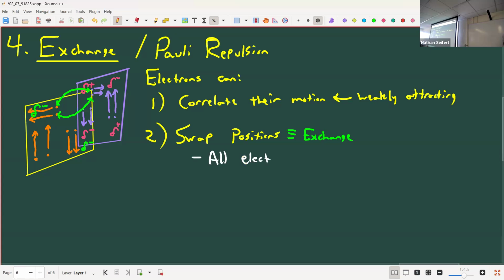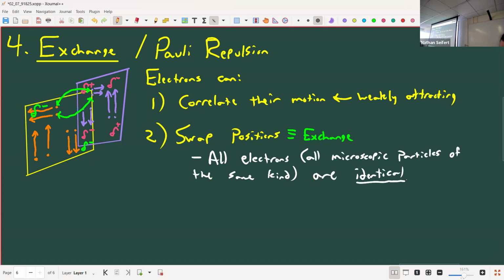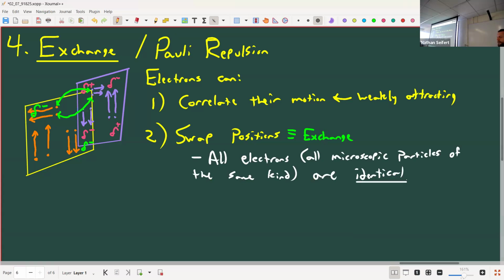All electrons, or we'll say all microscopic particles of the same kind, are identical, meaning they're all the same. They all have the same masses. They all have the same charge. That's obvious. But even more, they are indistinguishable.